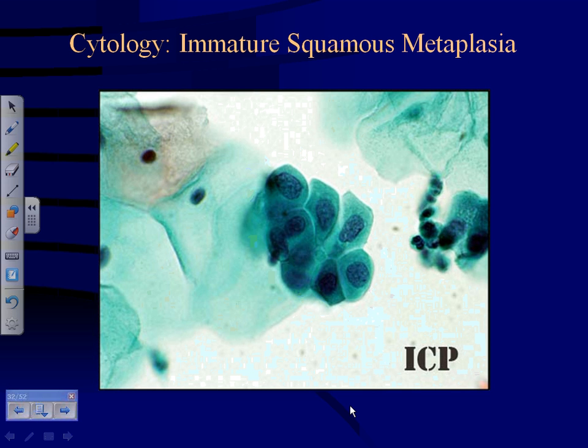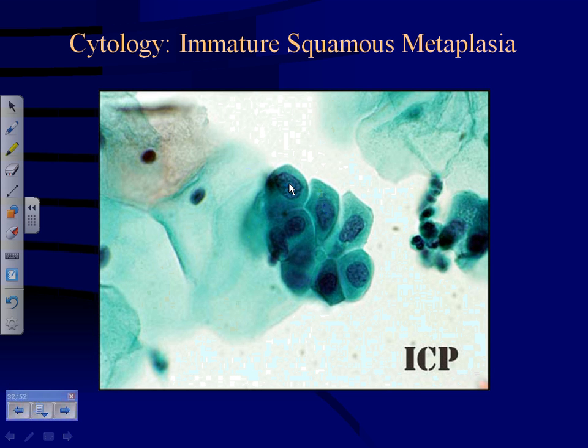And you notice how they kind of aggregate together in these loose groups. You can actually make out cell borders here. You notice how they still retain a polygonal shape like the mature squamous cells, but the key difference is that they have less cytoplasm, they have higher NC ratios, the nuclei are larger.